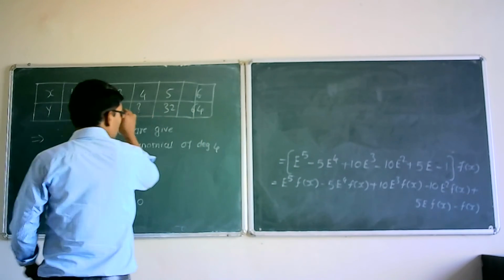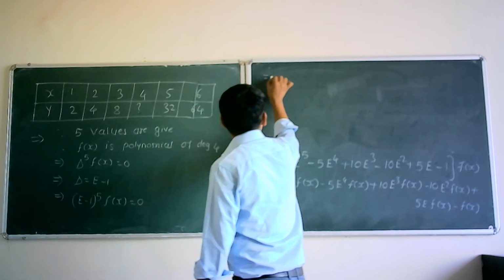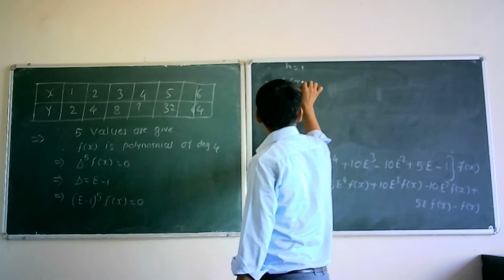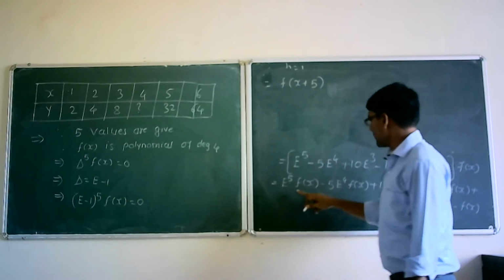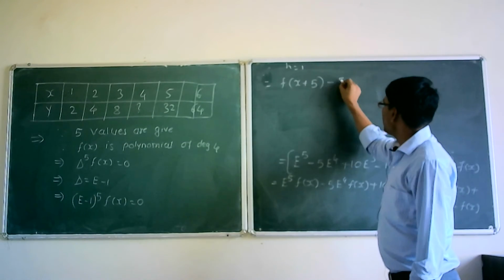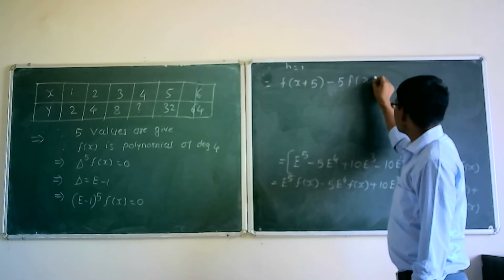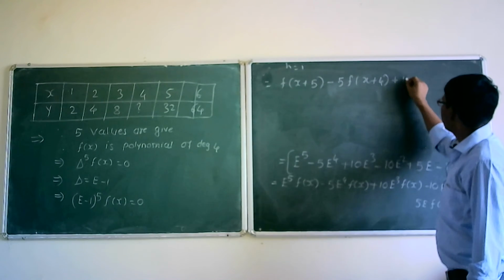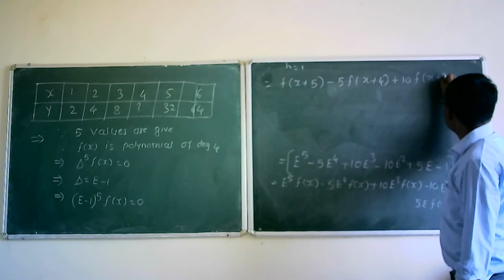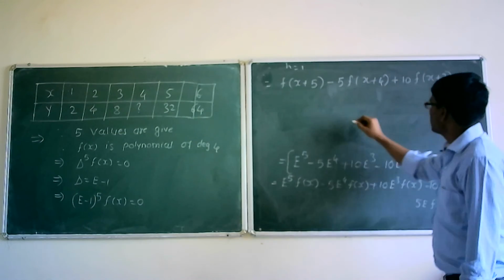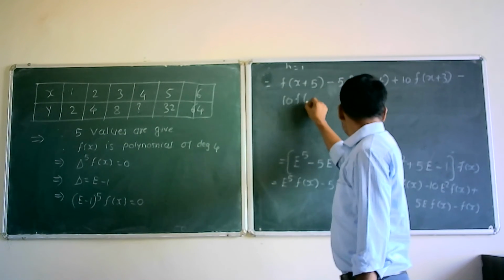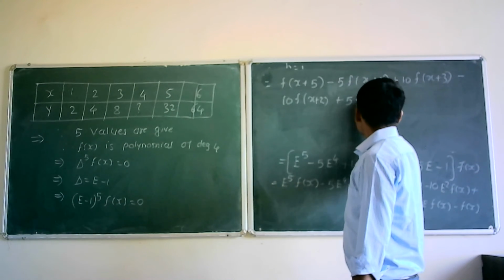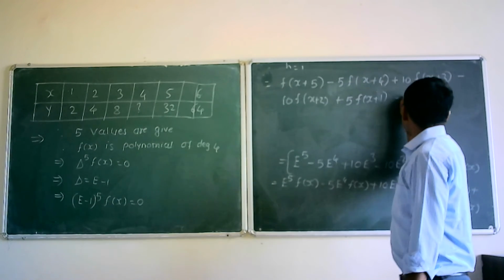So this is f of x plus 5, minus 5 f of x plus 4, plus 10 f of x plus 3, minus 10 f of x plus 2, plus 5 f of x plus 1, minus f of x.